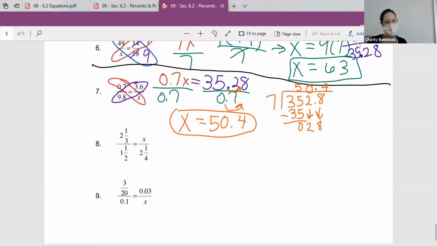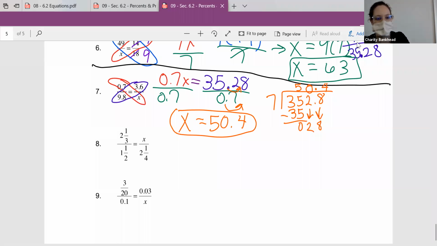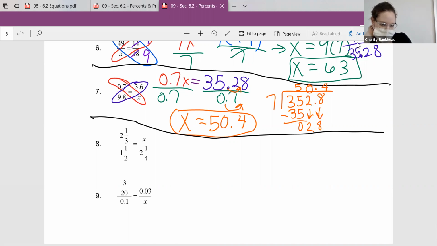All right, on number 8, the first thing I would probably want to do is change all of those mixed numbers into improper fractions. All right, so 2 1/3 turns into 7/3.